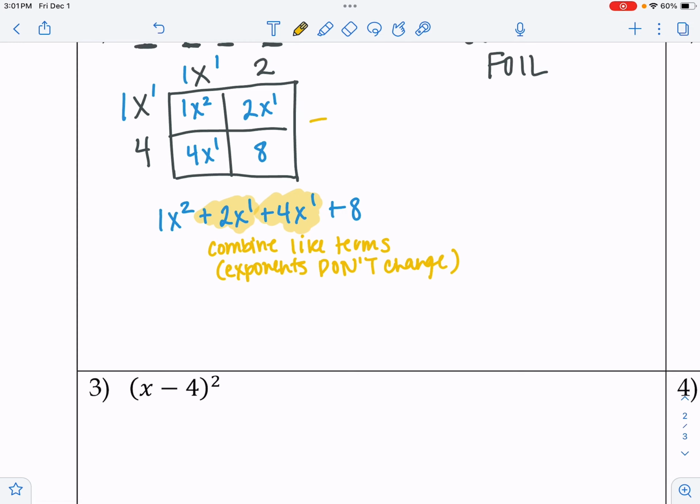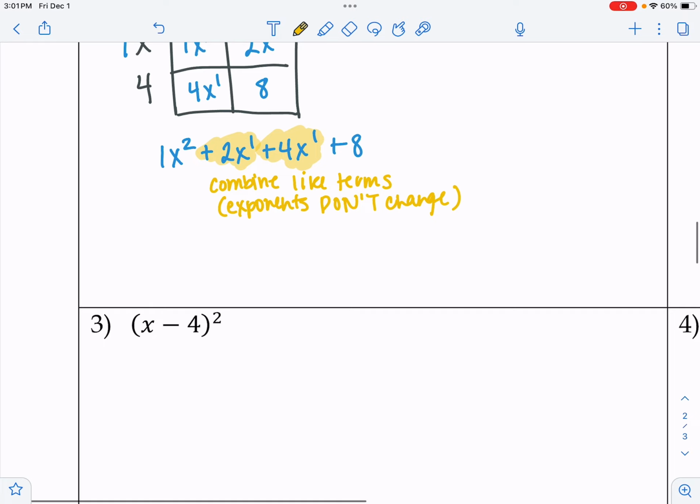Once you're done filling in the box, exponents won't change after that. Okay, and so our final answer would combine the 2x plus the 4x to get 6x. And we keep the exponent as a 1. So 1x squared plus 6x1 plus 8. And then for your final answer, do not write the 1s. Leave those invisible. So just an added step of combining your like terms.